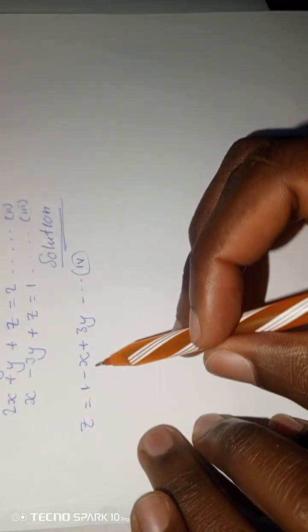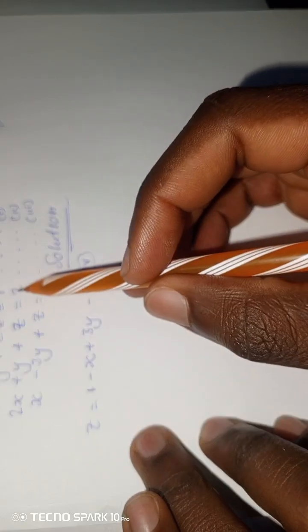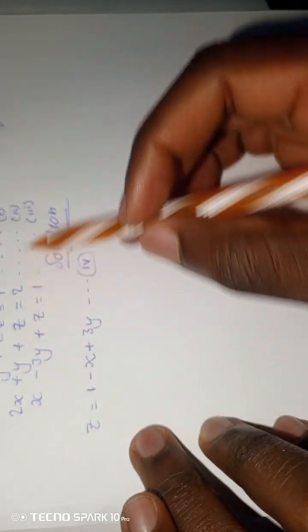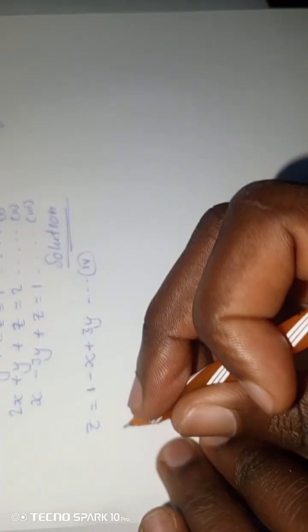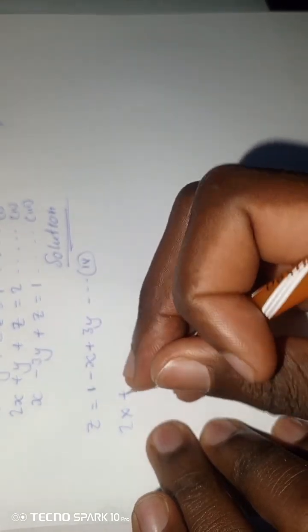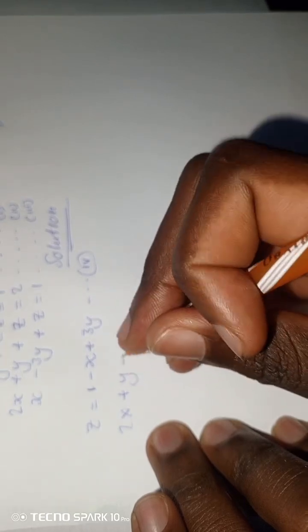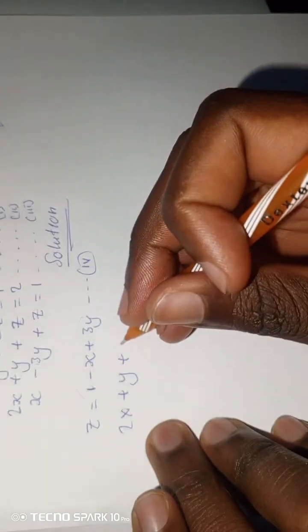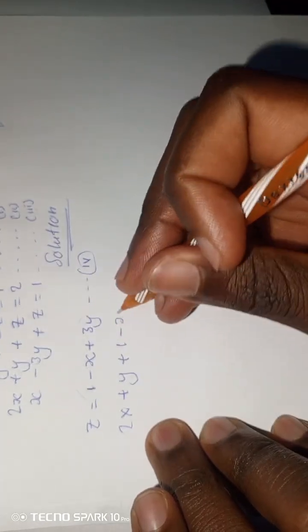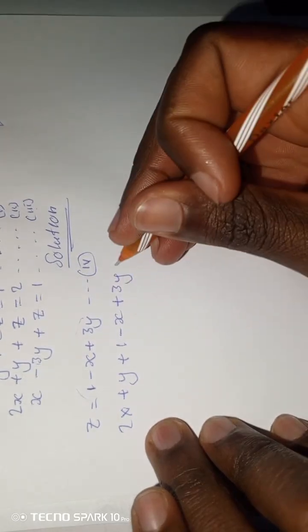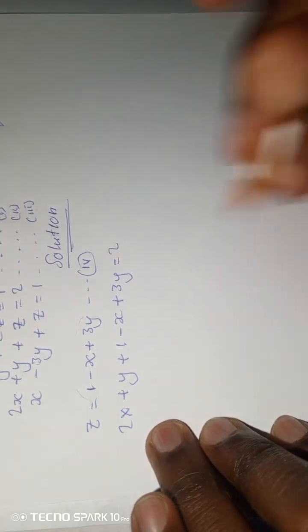So from here I need to substitute in these two equations where there is z. So I'll say 2x plus y plus, where there is z I'll put this, so it will be 1 minus x plus 3y equals 2.